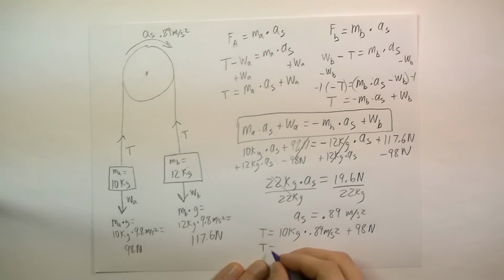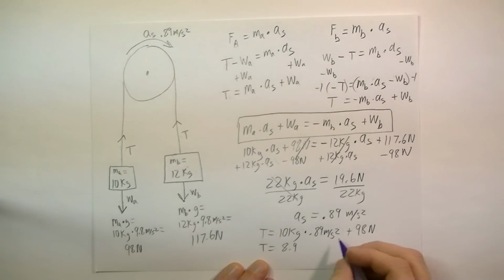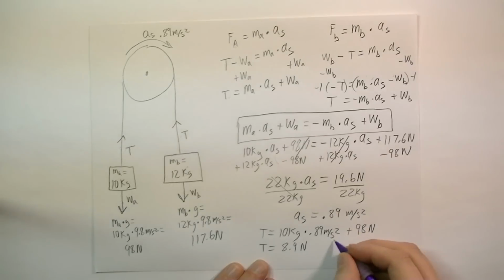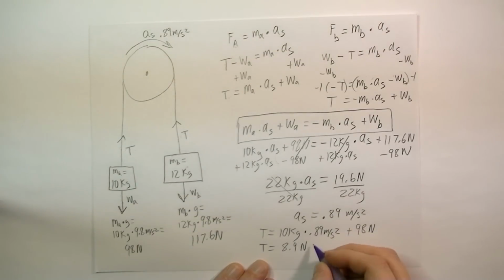Okay, so tension equals 10 times 0.89, which is 8.9, and that's newtons, kilograms times meters per second squared, plus 98 newtons.